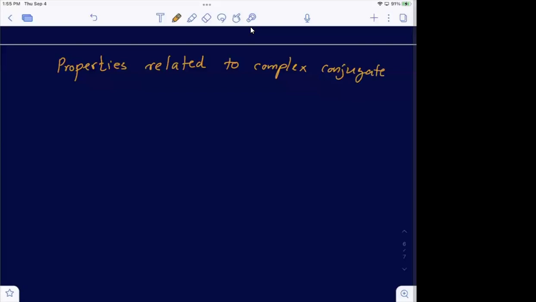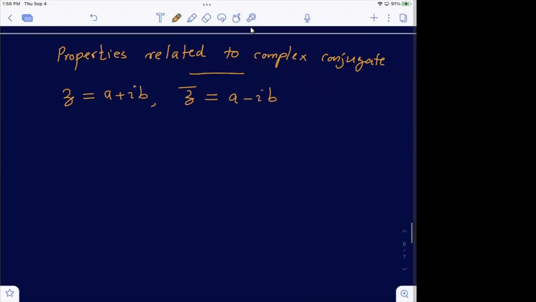So these also are algebraic properties. Now consider z, let's call it just z, a plus ib, and in that scenario, we know z bar, the complex conjugate, is going to be a minus ib.